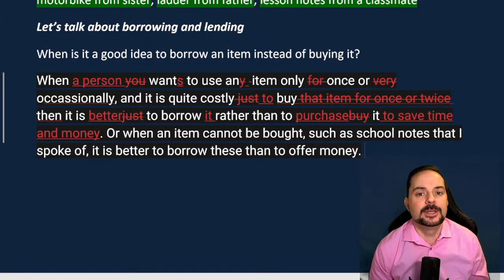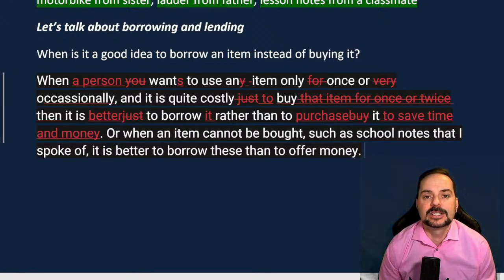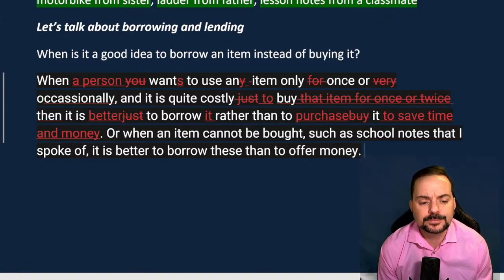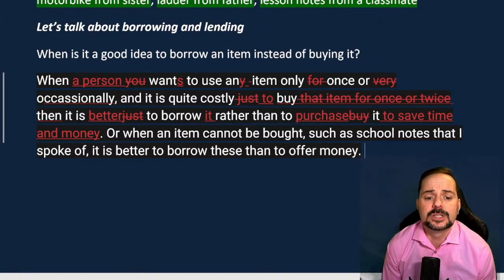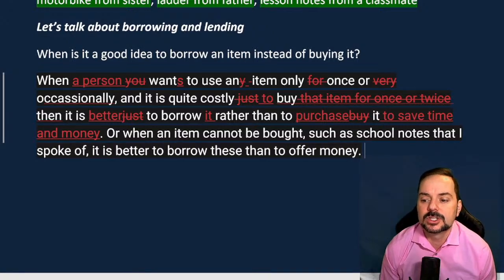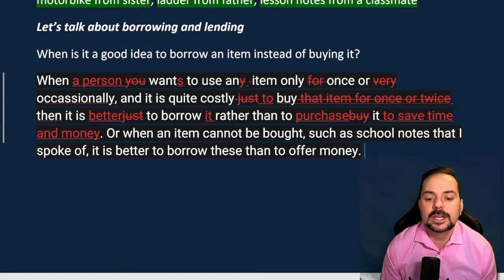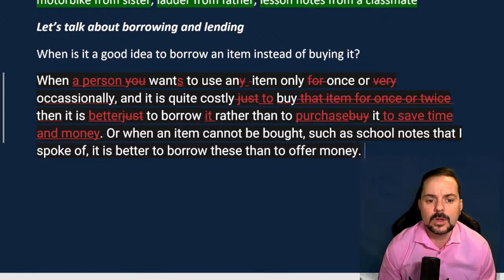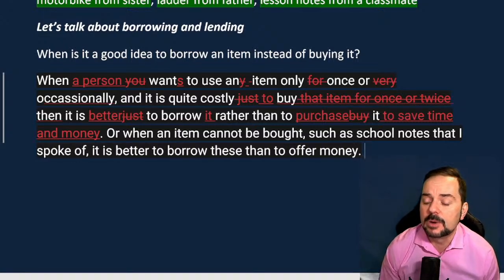Okay. Yeah, I mean, in school, I wouldn't sell my notes, especially if I'm still using them for my class. Although sometimes students sell their notes, some items are not really for sale, so people can only borrow them. Or when an item cannot be bought, such as school notes that I spoke of, it is better to borrow these than to offer money. Okay, so don't forget part 2.